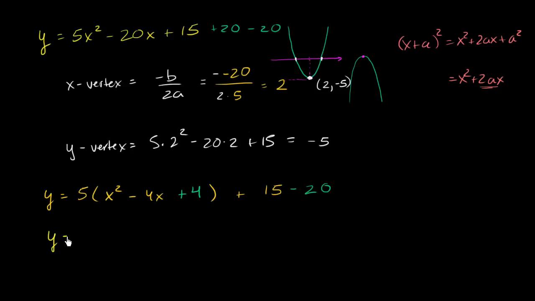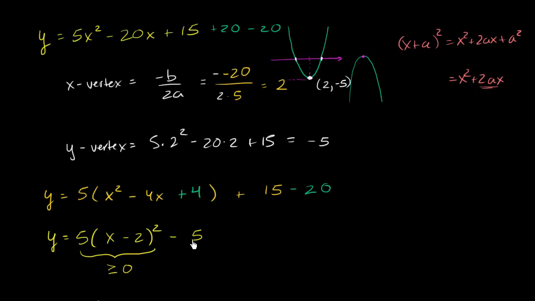The whole point of this is that now I can write this as y is equal to 5 times x minus 2 squared, and then 15 minus 20 is minus 5. So now we can inspect this. When does this equation hit a minimum value? Well, we know that this term right over here is always going to be non-negative, or we could say it's always going to be greater than or equal to 0.